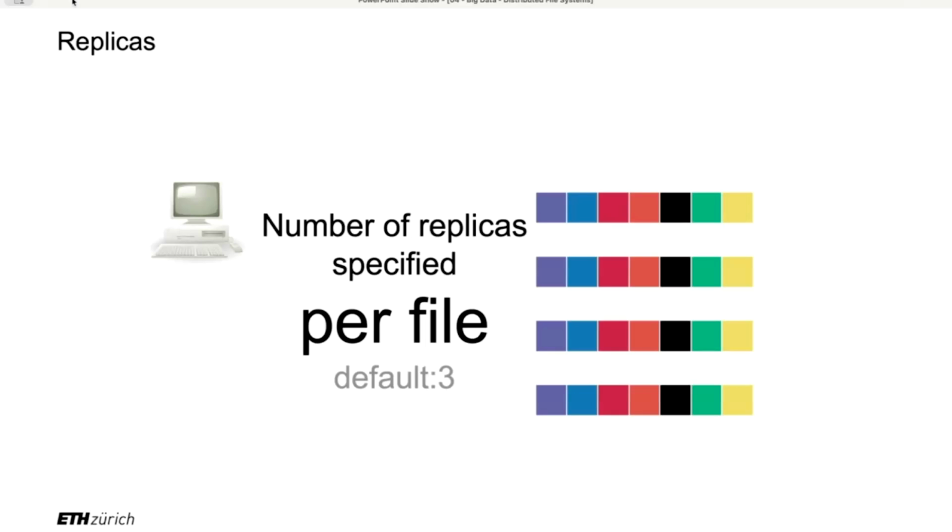Oh, I don't have data in this node because X, Y, and Z. So the question is whether the data nodes connect to each other. No, they don't. They just connect to the name node. So the data node just sends a list of the block IDs and MD5 checksums and so on. And it's the name node that checks that it's the same across machines.